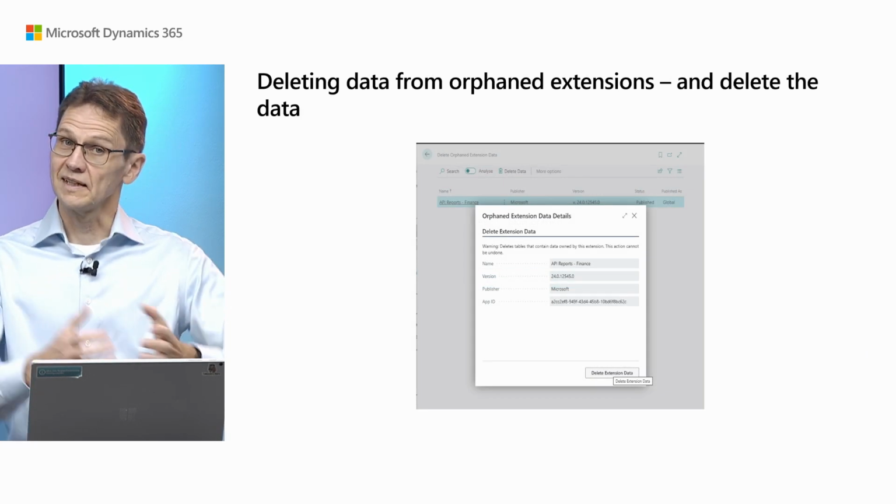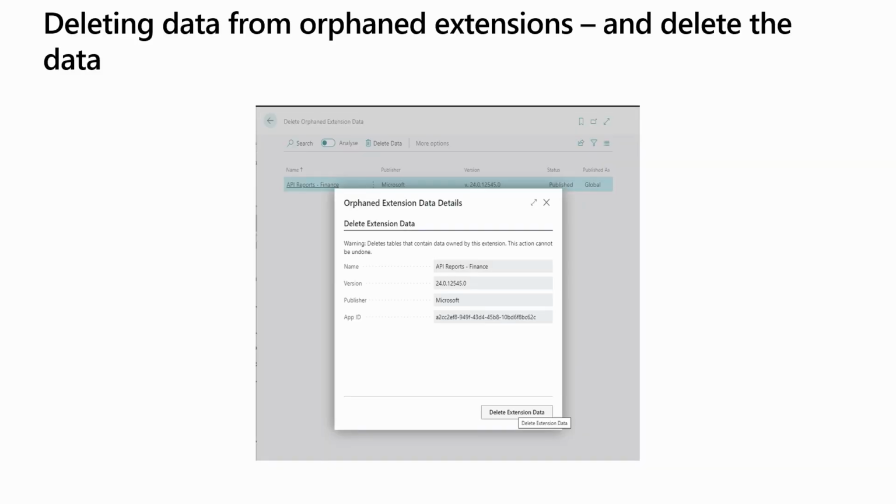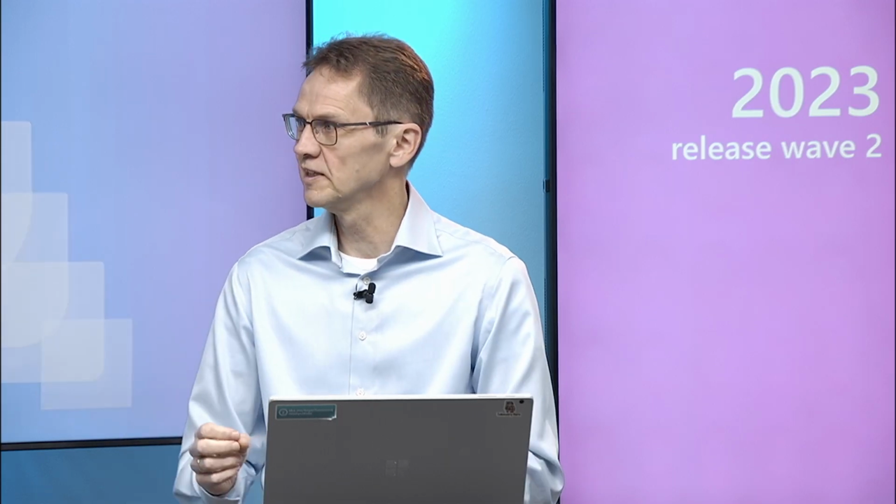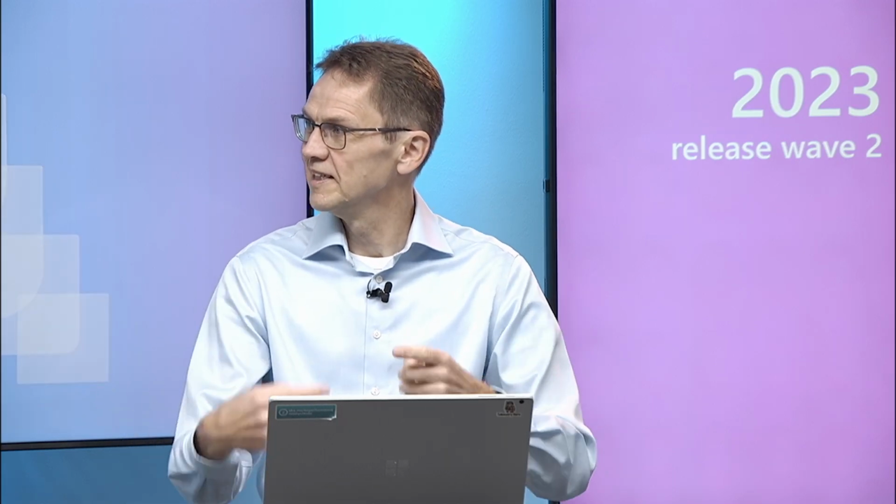This also means that after you've done this step, if you reinstall the extension, then you won't have the data, and that was actually how you had to do it before. If you had forgotten to delete it, you needed to reinstall, delete, and then uninstall again, but that is no longer needed.